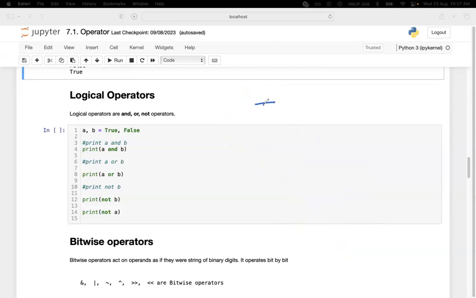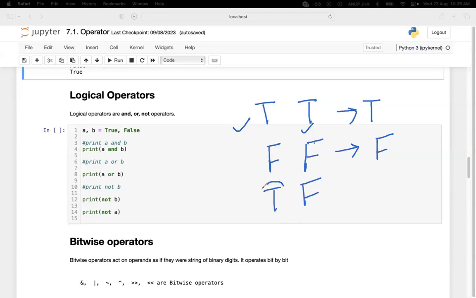This is true and this is true, so the AND operator will give me true. This is false and this is false, so the AND operator will give me false. Now this is true and this is false. Since one value is false, it will give me false. It will never give me true. If this is false and this is true, in this case also I will get false.